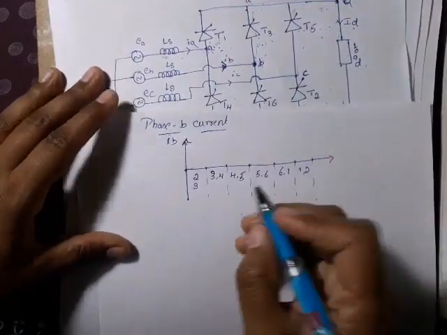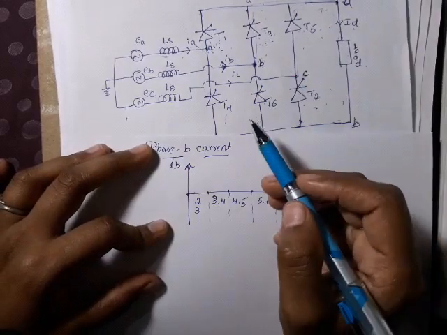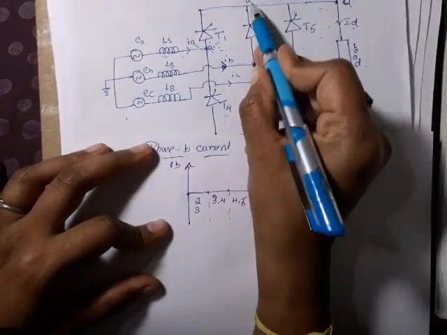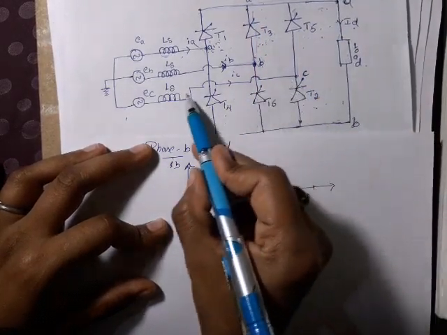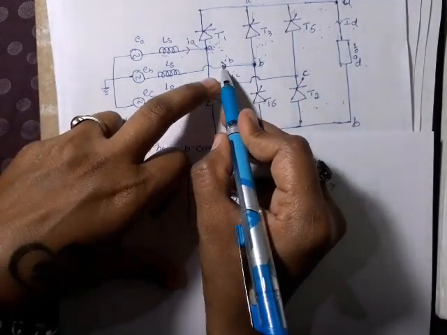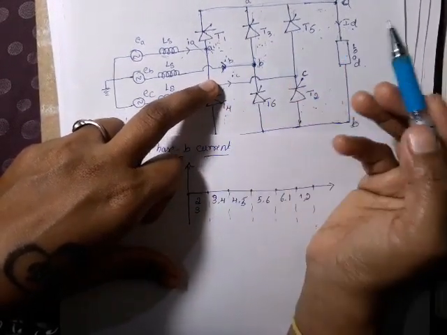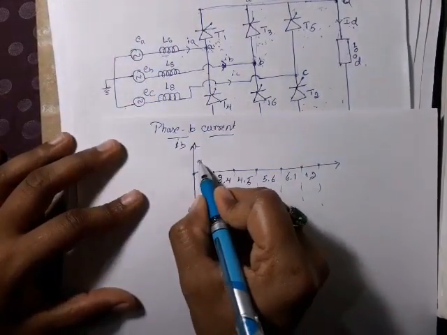Now you can see when valves number 2 and 3 are conducting, 2 is here, 3 is here. How does the current flow? It goes in this path, comes back, and goes in this path. So what is the direction of IB? IB is in the same direction as ID, meaning IB is positive, ID is also positive. So I'll take this magnitude as ID.